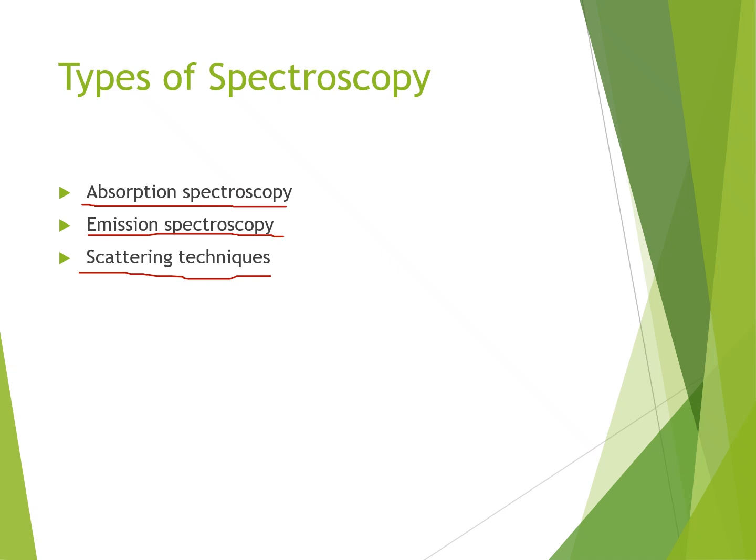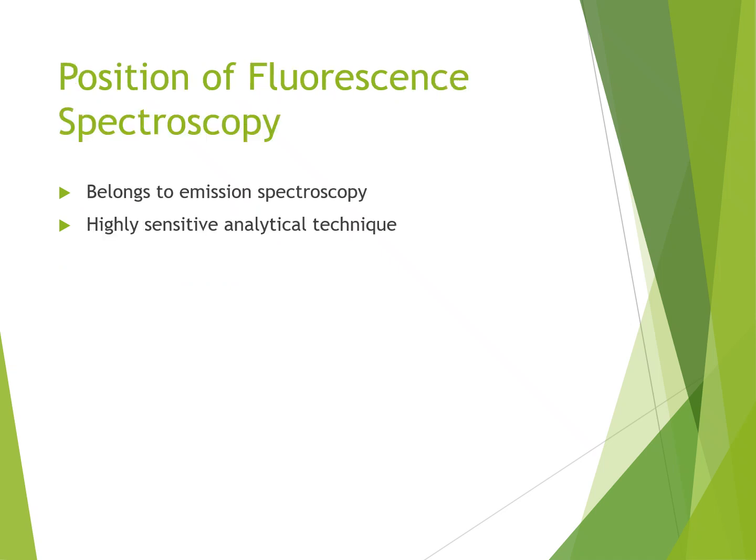Different methods are used in different spectroscopic techniques. For example, UV, visible, and infrared spectroscopy use absorption methods. However, the fluorescence technique is an emission technique, making it fundamentally different and more sensitive as compared to other techniques.